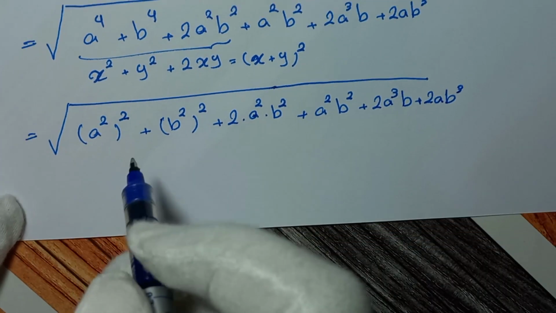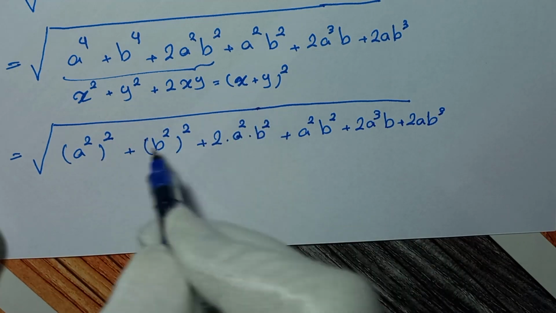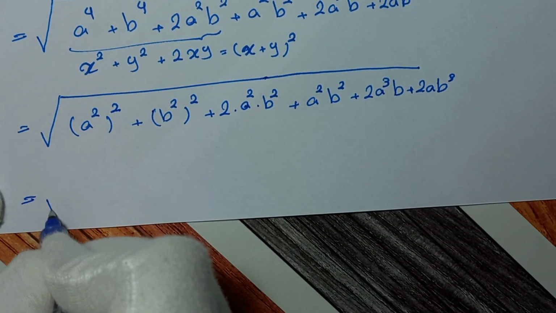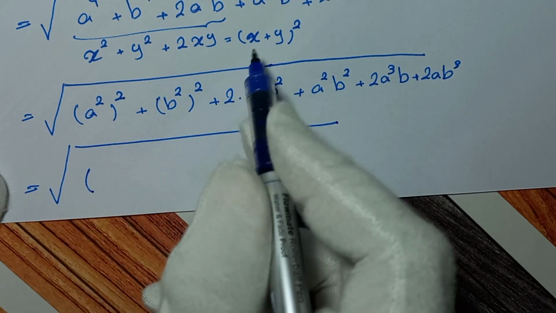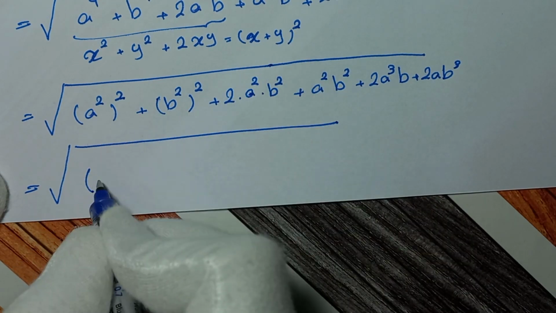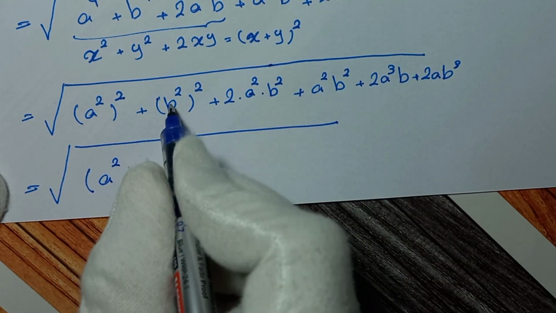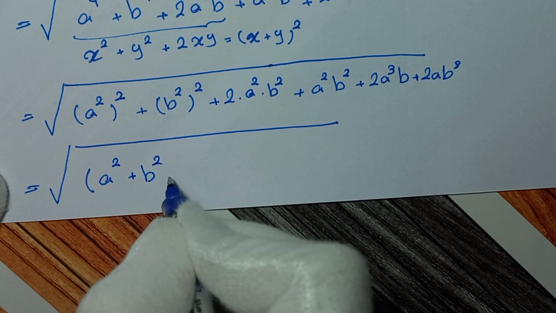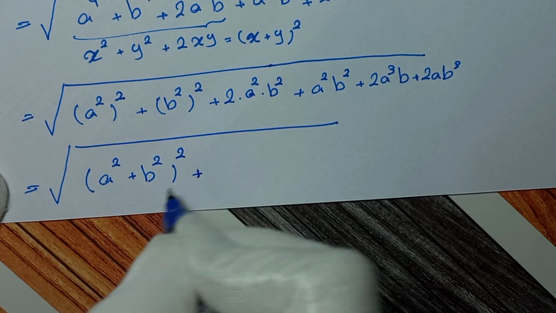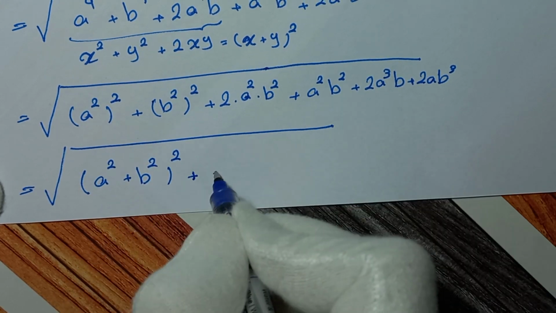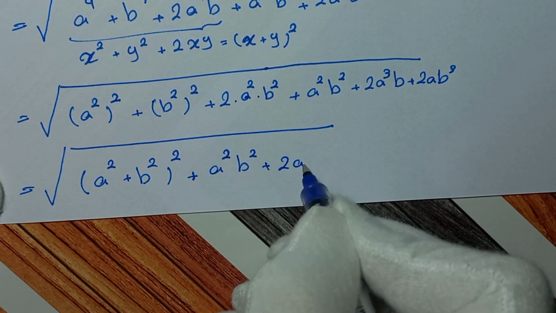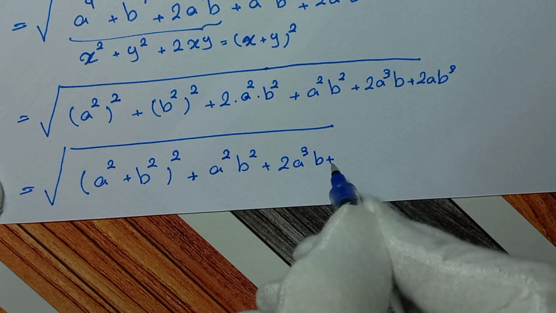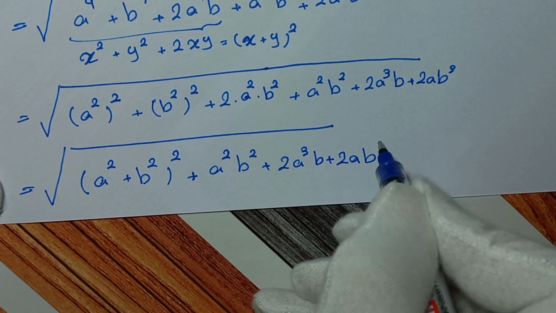So here this is in this form, so we can write the square root of (x plus y) to the power of 2. X is a square, y is b square, and to the power of 2. And plus here we have a square b square plus 2a cube b plus 2ab cube.